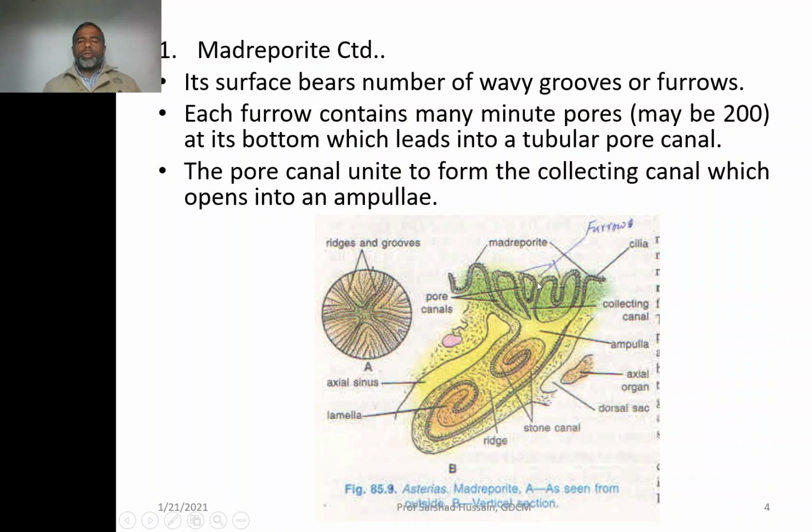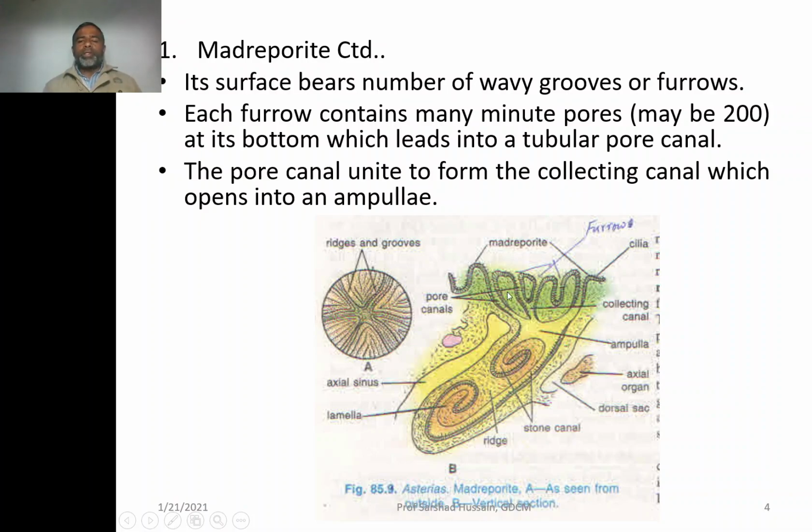There may be 200 pores at the bottom of the furrow or groove, which then open into a canal called the pore canal. This is the pore canal, labeled over here.